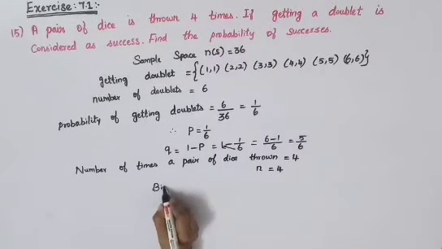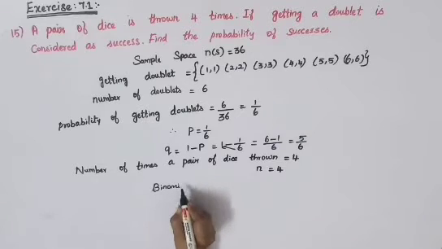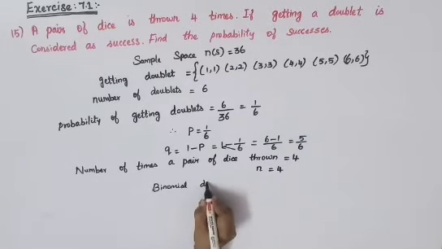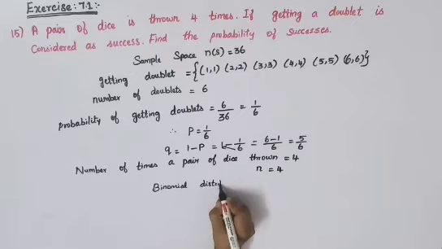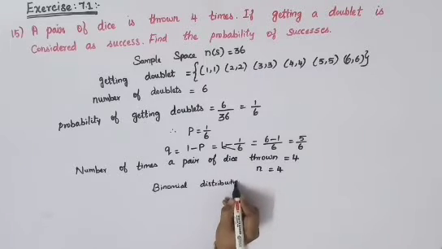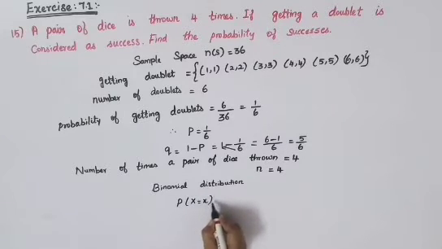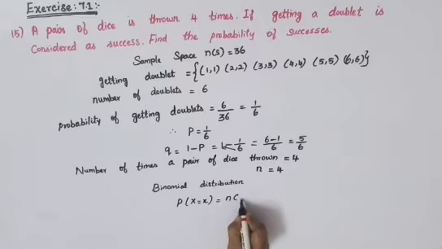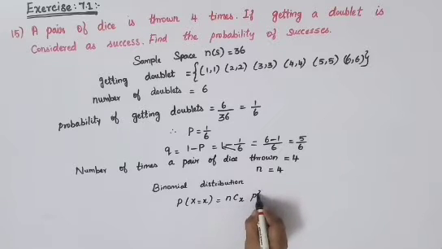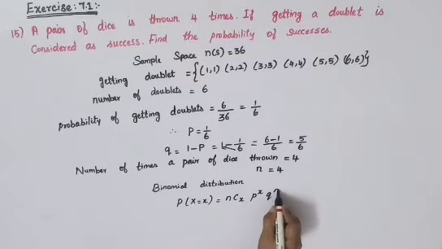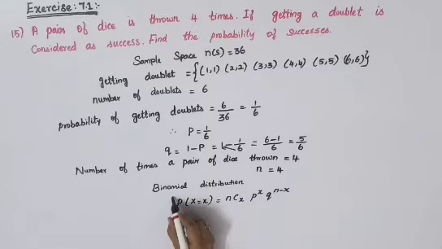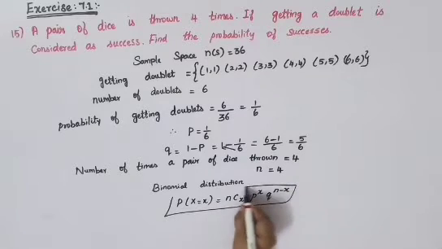For the binomial distribution, the formula is P(X equal to x) is equal to nCx p power x q power n minus x. So you will have to substitute all these values in this formula.